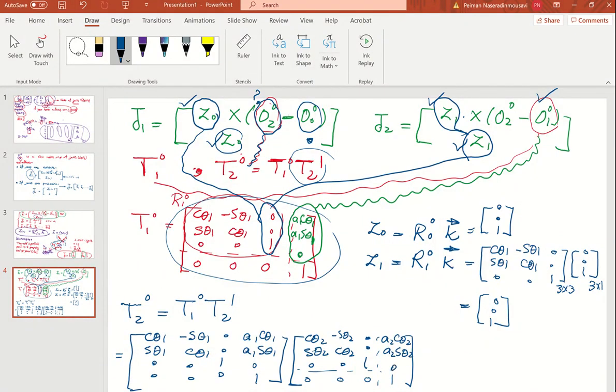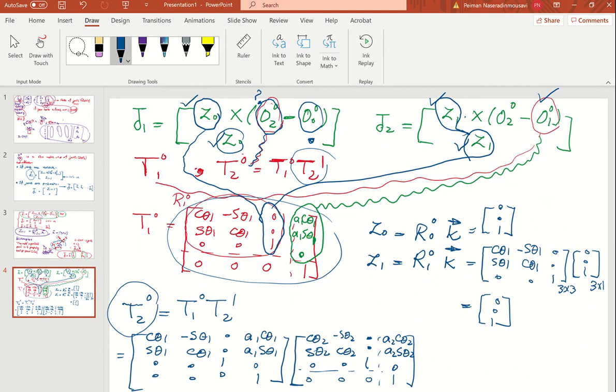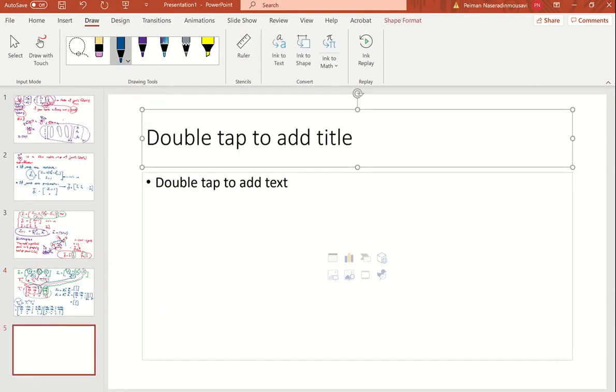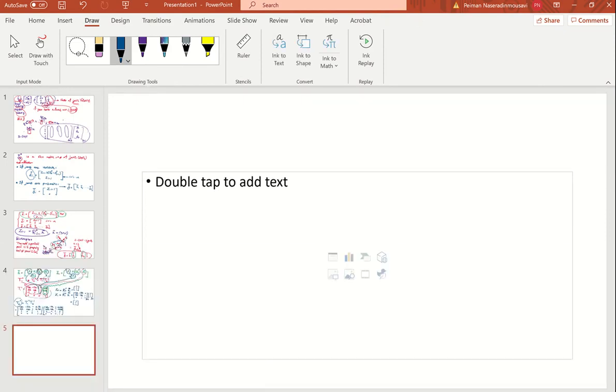No, there's no z. Understand? So if I multiply these two to get this one, to calculate this one, I get this. Let me go to the next page.